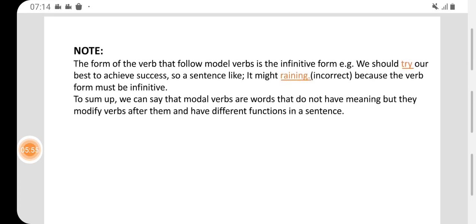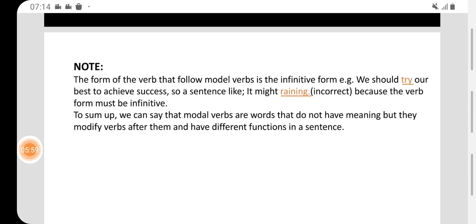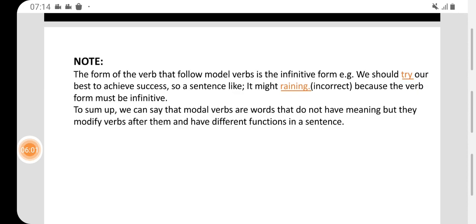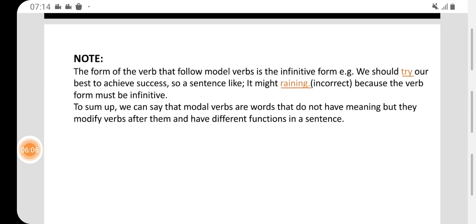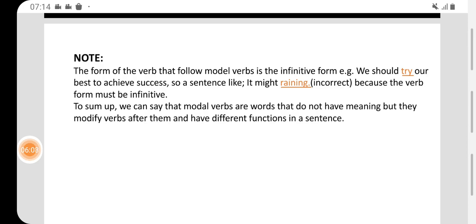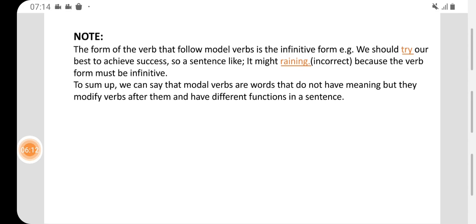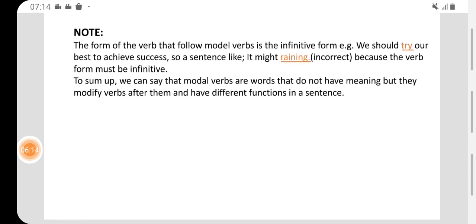In this case it can be true if I just inserted be, as I mentioned earlier. I can say, it might be raining. But in the case if there is no be, I just say, it might rain. That it is possible to rain.